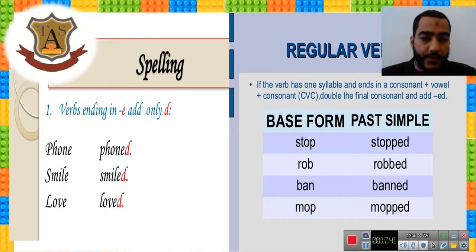Mop, mopped. So the last three letters of the verb are consonant, vowel, consonant, so we double the last consonant. As we see here: stopped, robbed, banned, mopped. Very good.